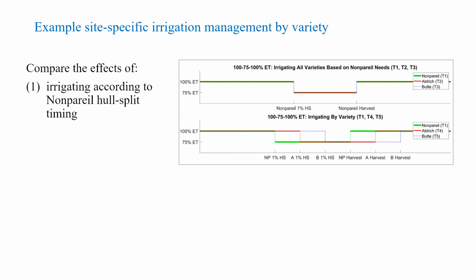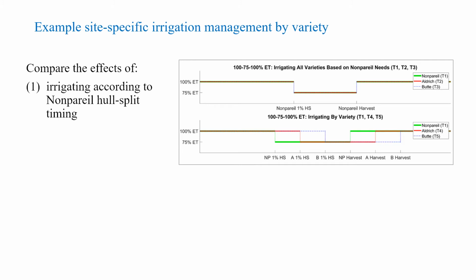So if all the trees receive the full irrigation before hull split, and then we start cutting back, there could be opportunities to achieve some water savings and improve our irrigation water use efficiency. And the other benefit is to continue to irrigate a variety that has not yet reached its hull split.